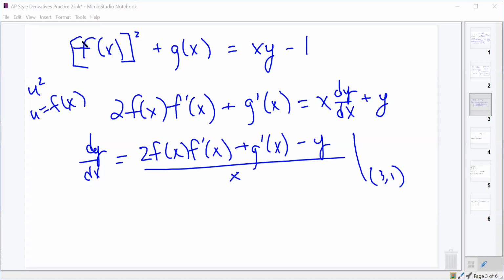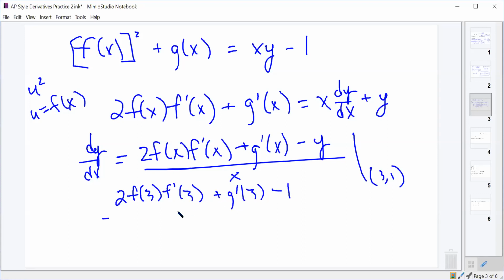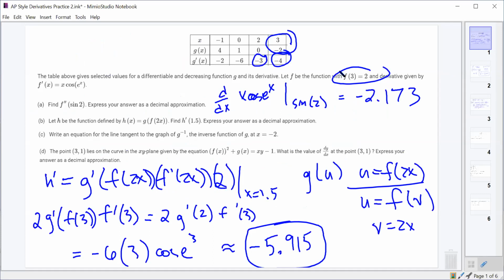Sorry about that. So if we're plugging in 3 for x, this should become 2 times f of 3 times f prime of 3 plus g prime of 3 minus 1 all over 3. And f of 3 was 2. And f prime of 3 we'll get from that equation right there.